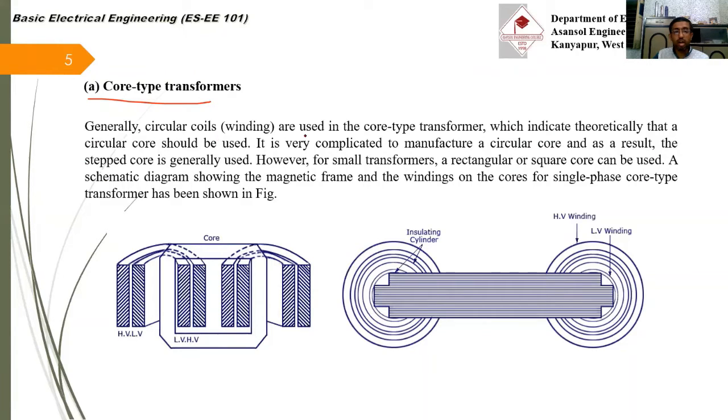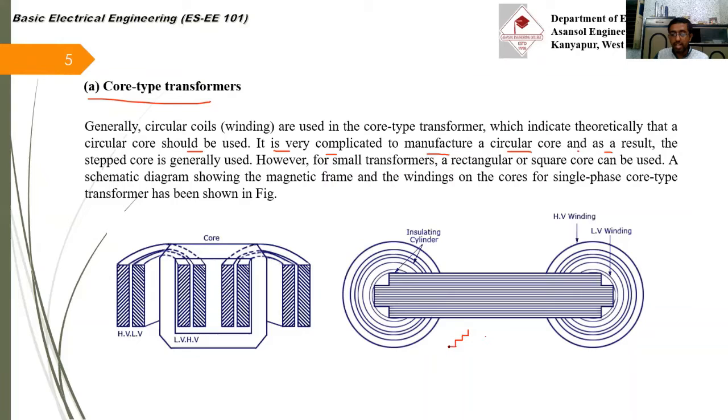Generally, circular coils are used in the core type transformer, which indicates theoretically that a circular core should be used. It is very complicated to manufacture a circular core. As a result, a stepped core is generally used, because a circular core is difficult to manufacture.